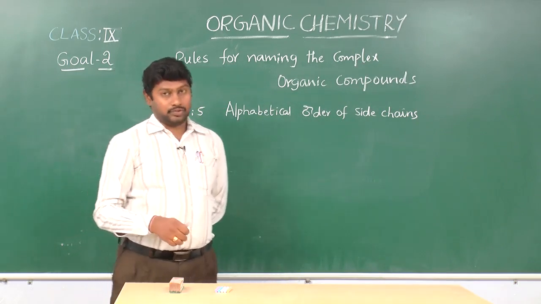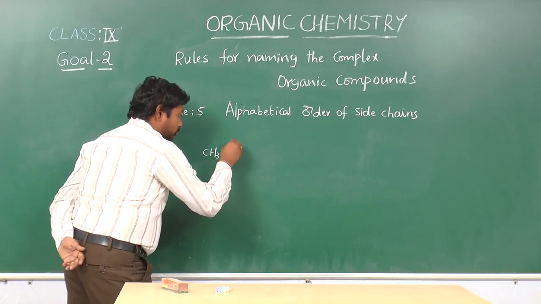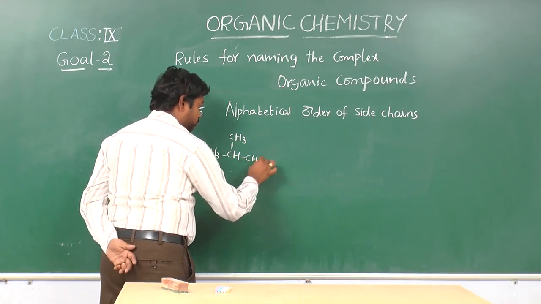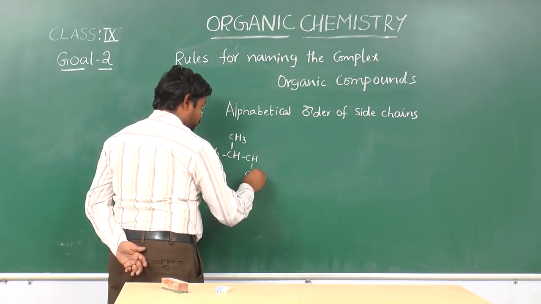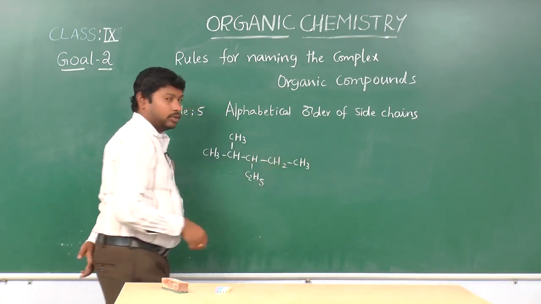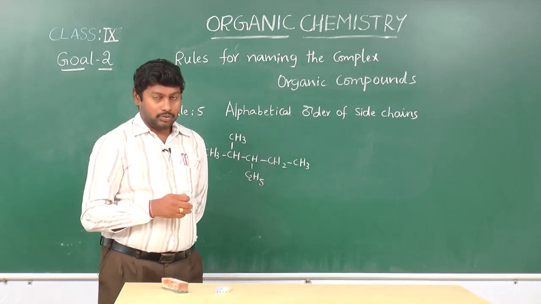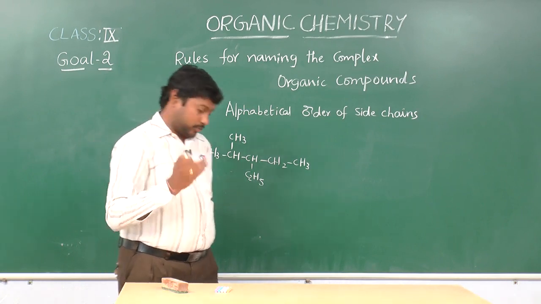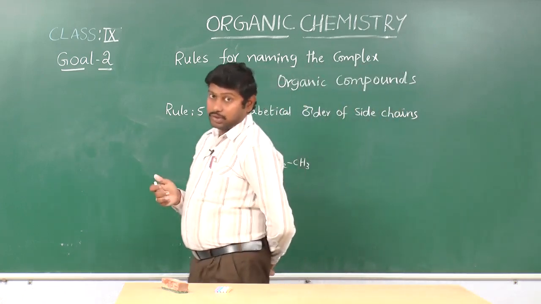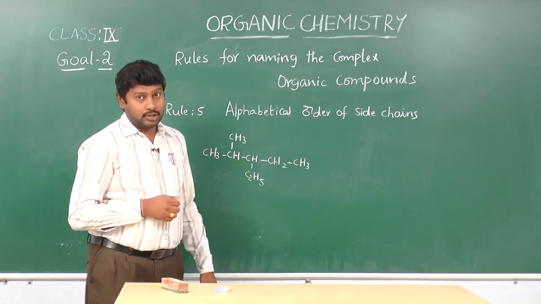If you observe one example, for example, if you observe this compound, first we should select the longest continuous carbon chain, and after that we should give the numbering. Numbering is also according to the lowest sum rule, because it contains more than one substituent or side chain.